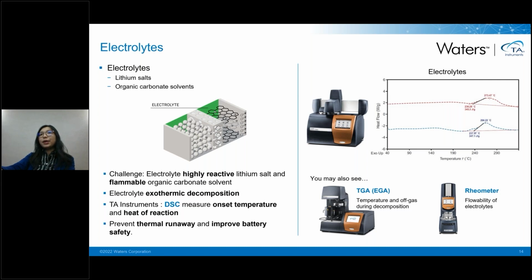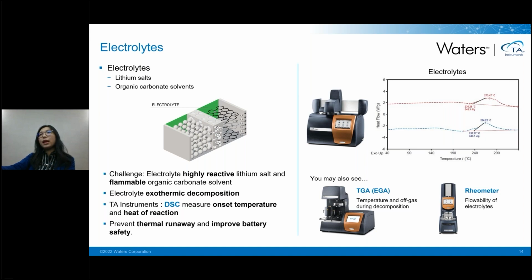At the same time, with TGA or EGA analysis, you can also measure the degradation temperature and understand the composition of the gases coming off that are involved in battery safety. For electrical characterization, you will also want to measure the viscosity of the electrolyte material.